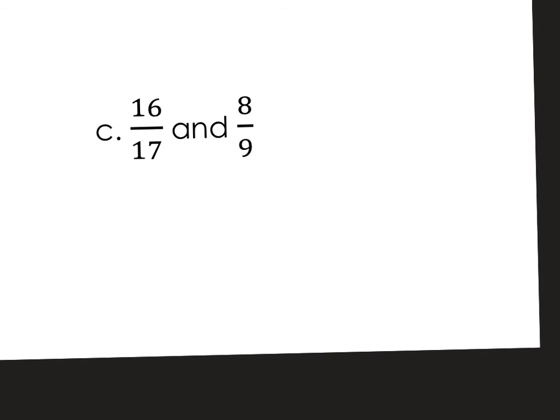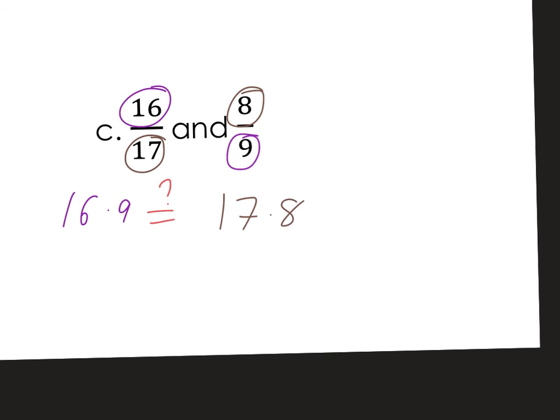Lastly, 16 to 17 and 8 to 9. Identify our extremes, 16 and 9. Identify our means, 17 and 8. Set up our potential equation. 16 times 9, we want to see if that is equal to 17 times 8.